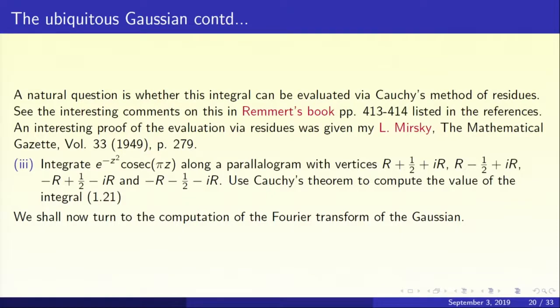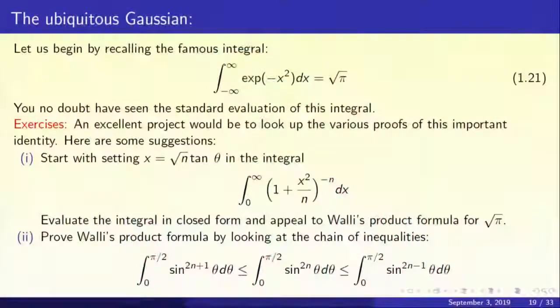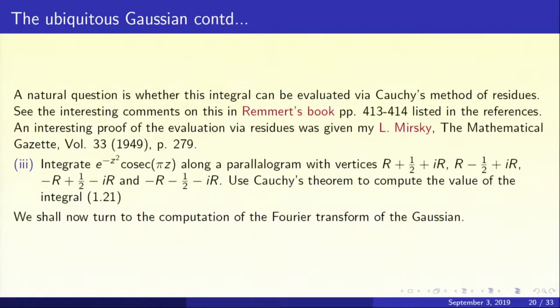That's an interesting question. For a long time, it was believed that this integral 1.21 cannot be computed by Cauchy's method of residues. However, in 1949, Mirsky gave a very interesting evaluation via complex analysis, and that is listed as exercise number 3 on this slide.